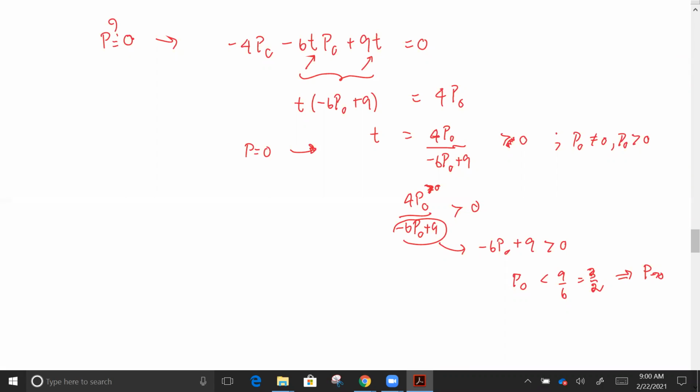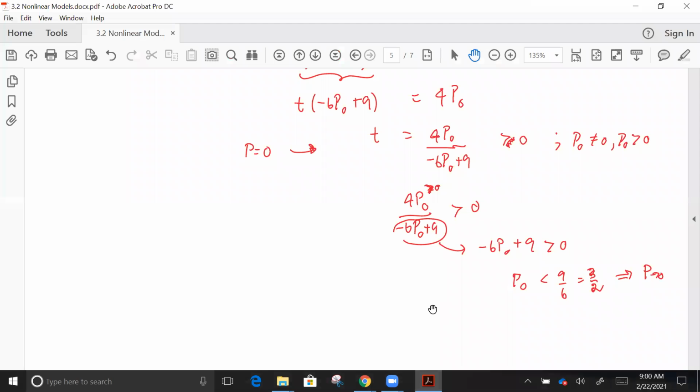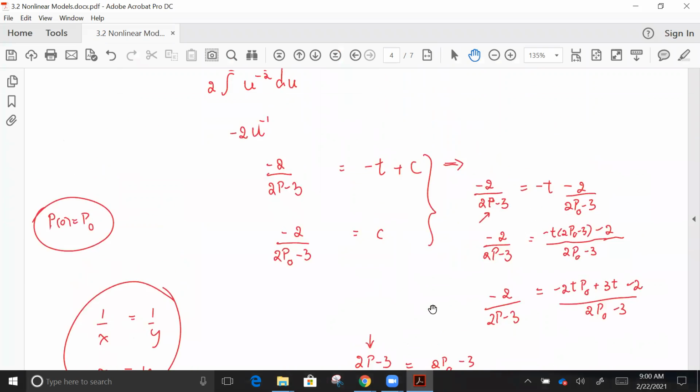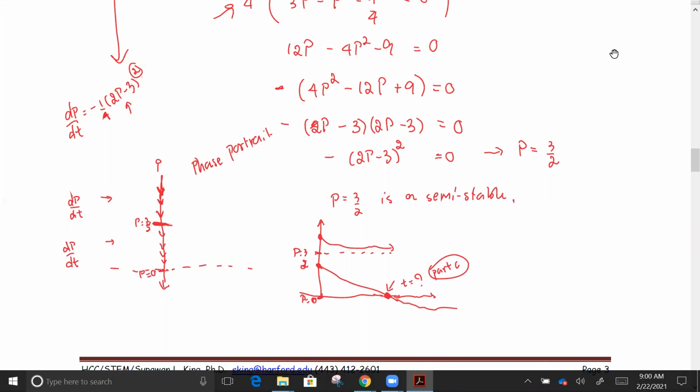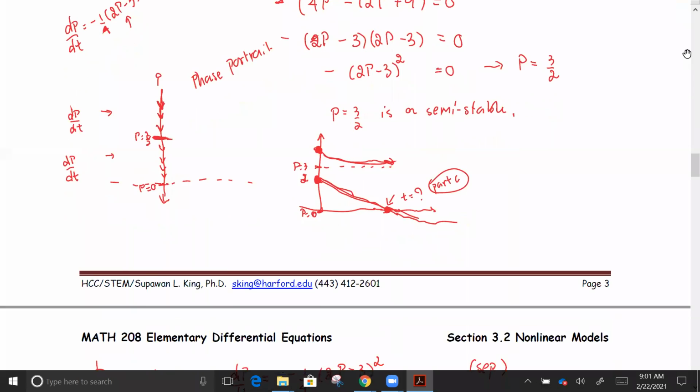Which goes along with the phase portrait that we did. As you see, let me go back to part A. From the phase portrait, if the initial population is above 3 over 2, it will approach 3 over 2. If the initial population is between 0 and 3 over 2, since the population is decreasing, eventually it's gonna hit the point of time that the population will become 0.